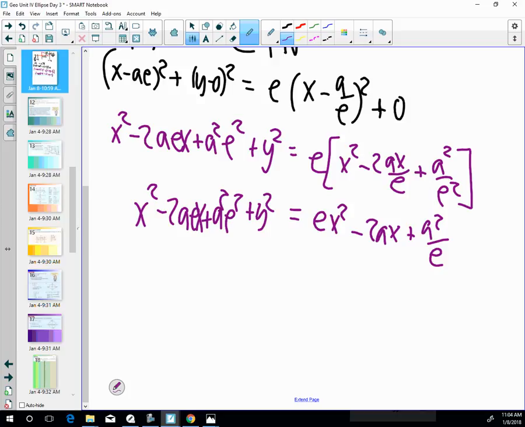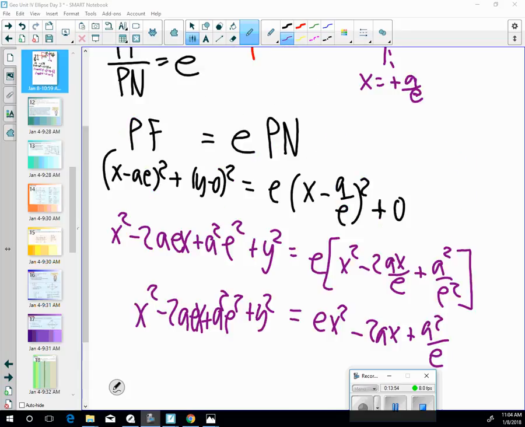Okay, so then I'm going to group these together. I'm going to put the X squared E squared. Why am I missing an A squared? Little quick mistake.